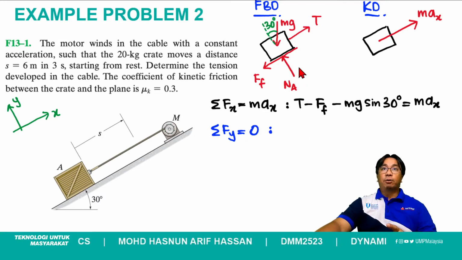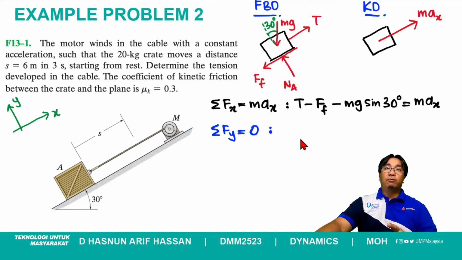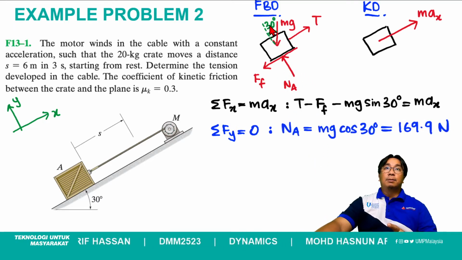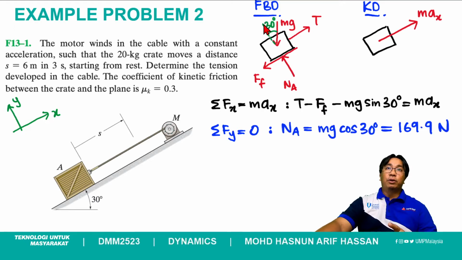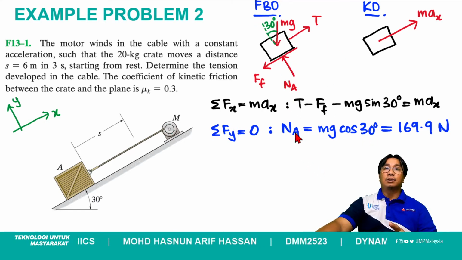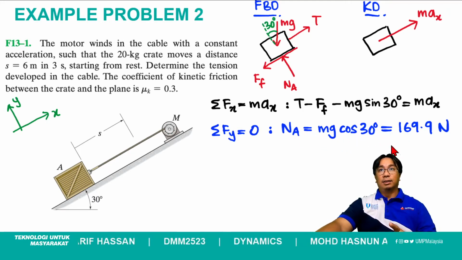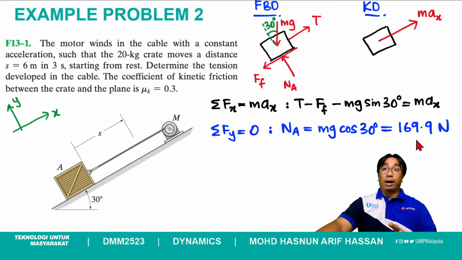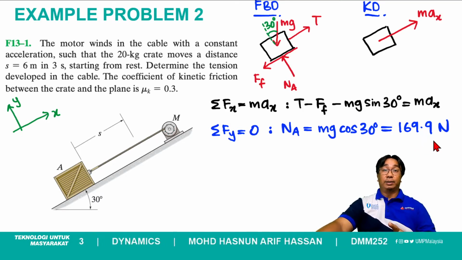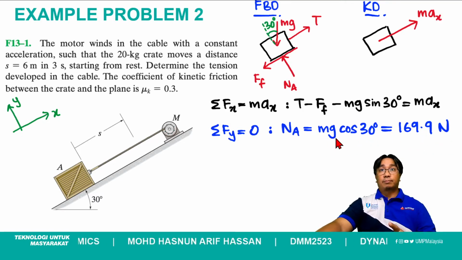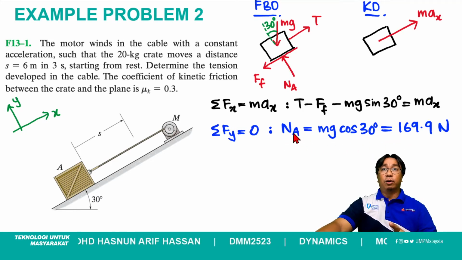Okay, from here you have normal force positive minus the component of weight mg cos 30 degrees. So you can rearrange, becomes NA equals to mg cos 30 degrees equal to 169.9 Newton. Okay, this will be the value of NA.